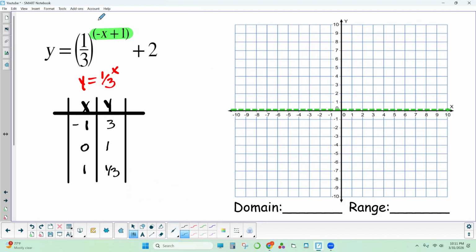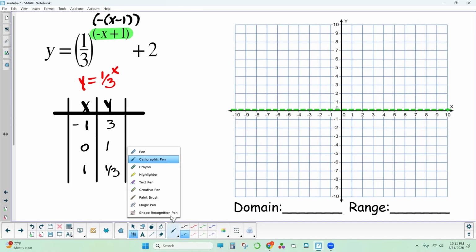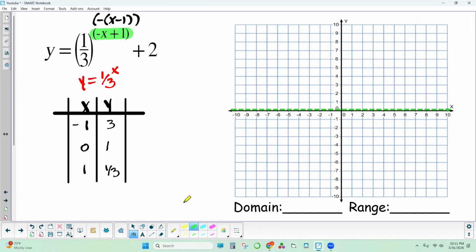I'm going to factor out the -1. And now I can clearly see my horizontal transformations there. Okay, so I'm going to apply these to my x's, and I'm going to apply +2 to my y. So inside applies to x, outside applies to y.